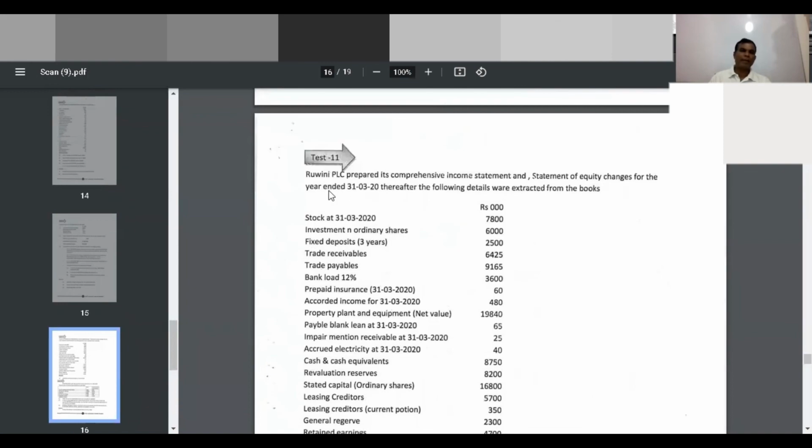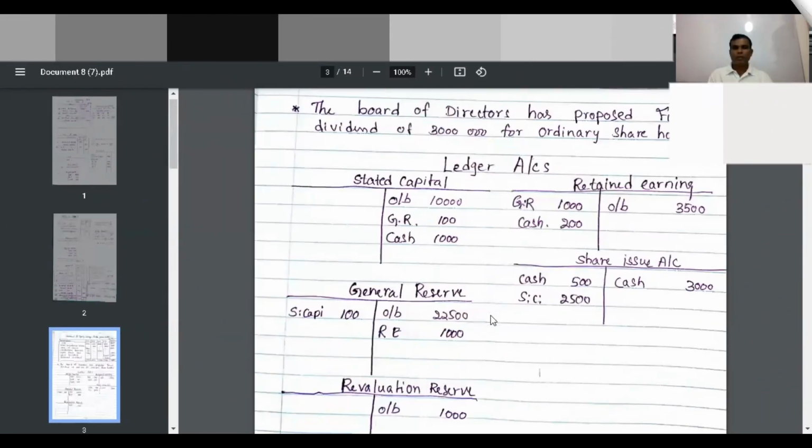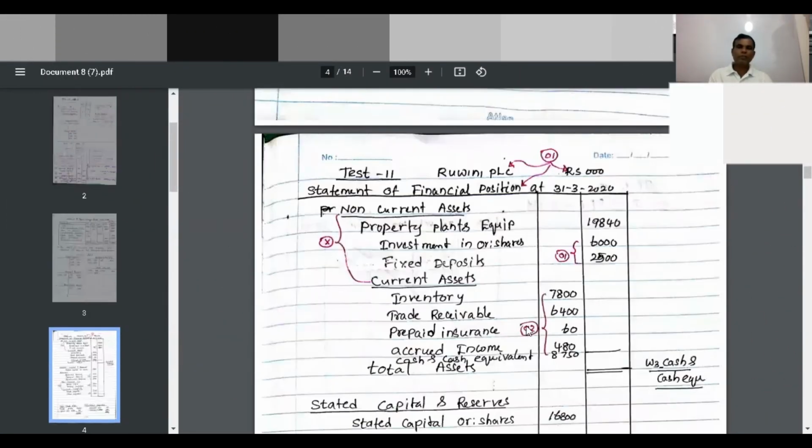First, you draw the format. Let's look at the answer. Here you see the investment in ordinary shares and the fixed deposits. Let's see whether you are having problems over there. Property, plant, equipment, and then current assets: inventory, trade receivable, prepaid insurance, accrued income, cash and cash equivalents.